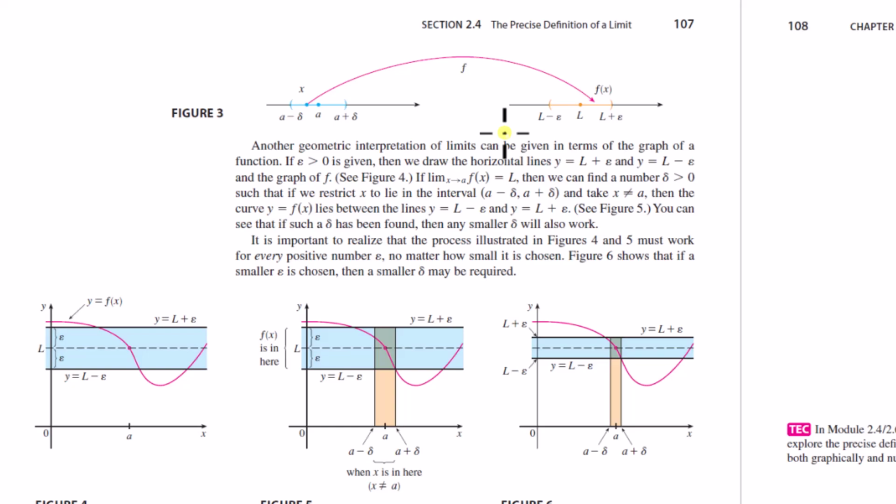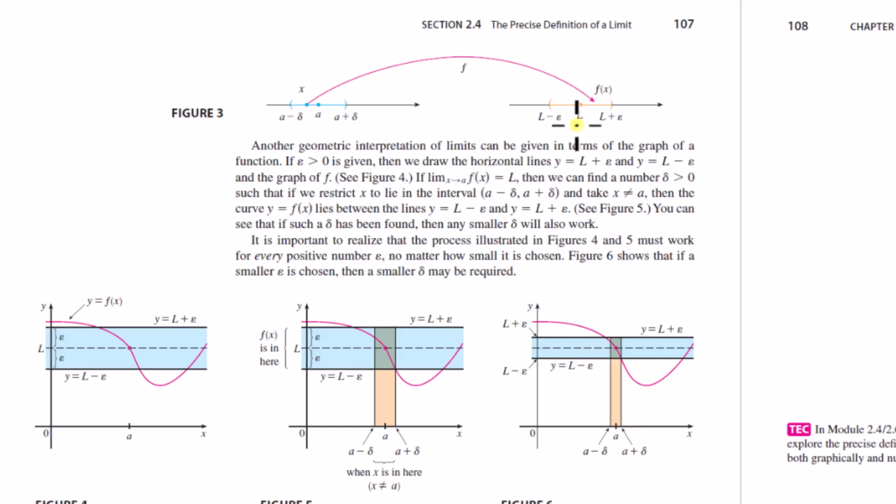You can view this from either perspective of starting with the input, then going to the output, or vice versa. Like starting with the output, you could specify some epsilon value. You could ask the question: if I want to be within Planck's constant from some finite single output value L. So Planck's constant is like 6.626 times 10 to the minus 34.